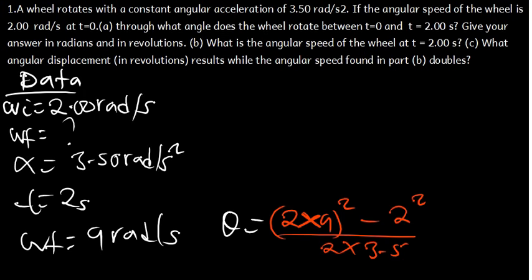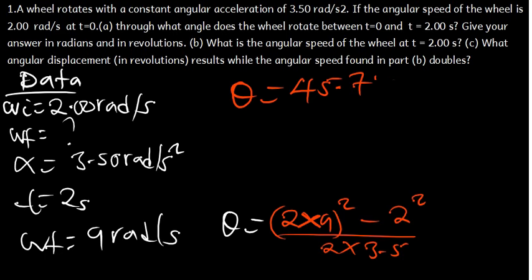So I'm going to have theta, this is going to be 18. So what is 18 squared? 18 squared minus 2 squared. So I'm getting 320. I divide it by 2 times 3.5, which is 7. So I'll get 45.